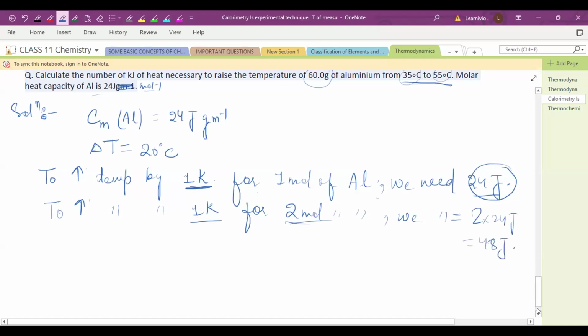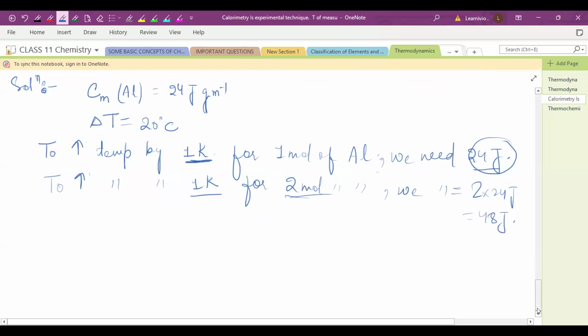This is very basic mathematics, like we used to do, right? Now to increase the temperature by 2 Kelvin for 1 mole of aluminium, tell me how much energy you will need.